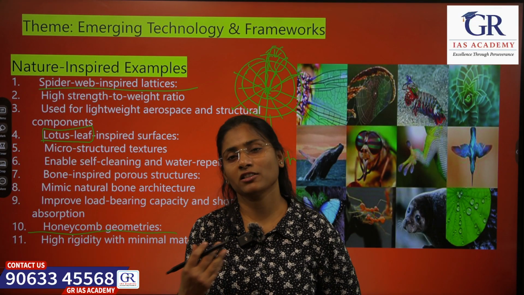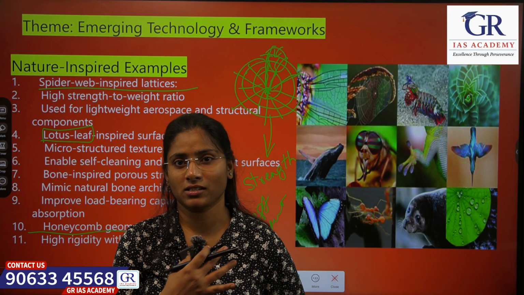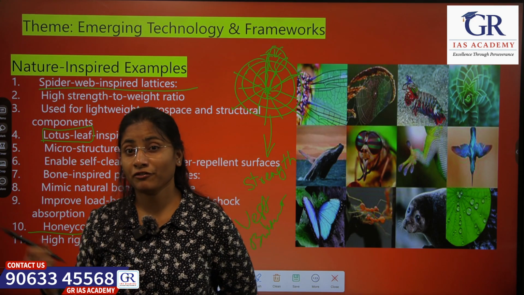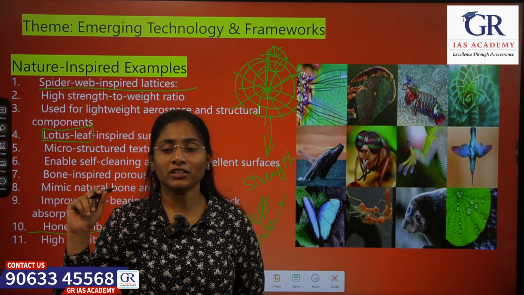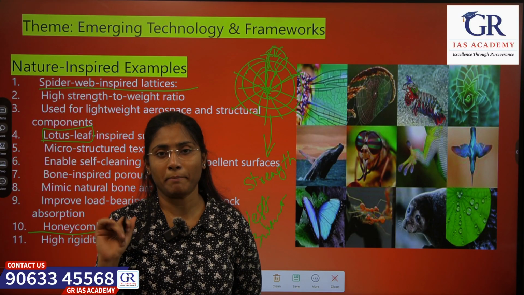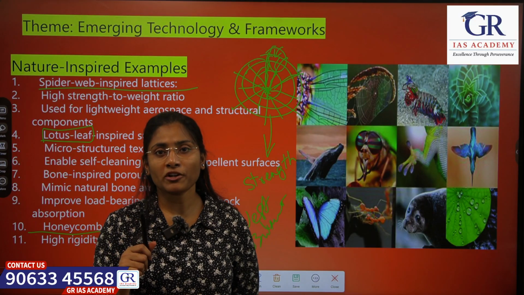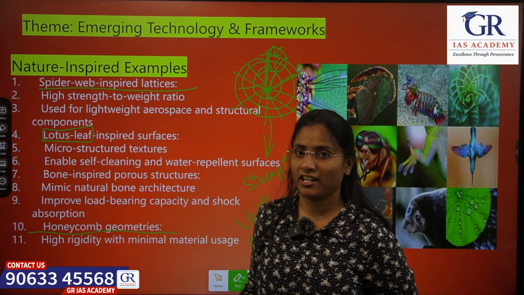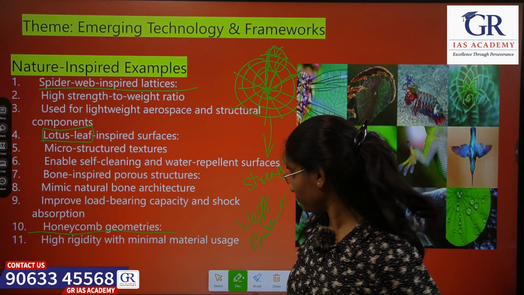A bullet will be fired with very high force. So this jacket has to stop that. In that case, if you are using this kind of silk in the vest, it will help us to stop the impact. Strength to weight ratio is very important for us to do that, and that inspiration we took from the spider web. So this is how biomimicry works.